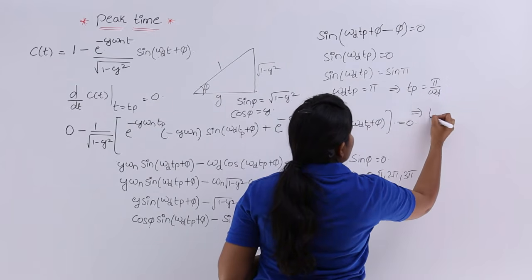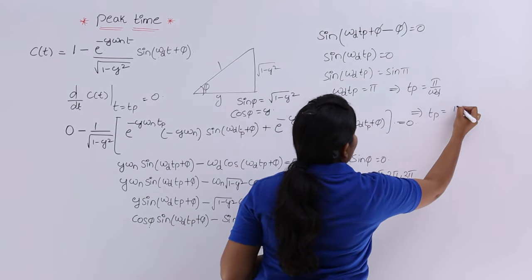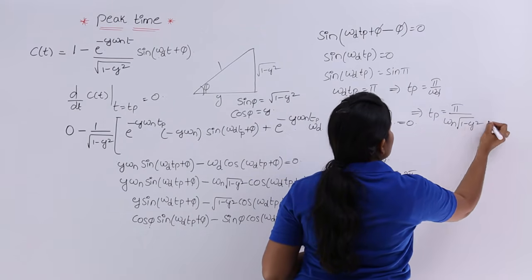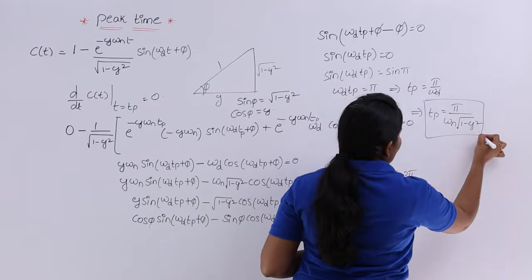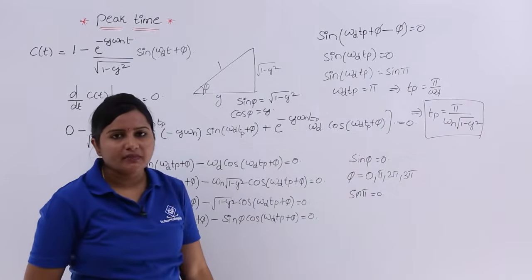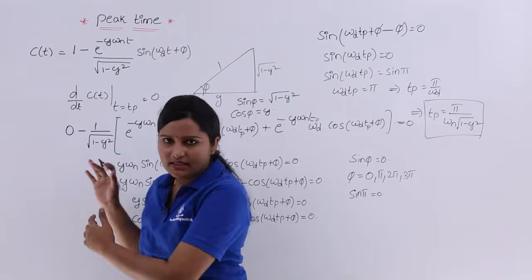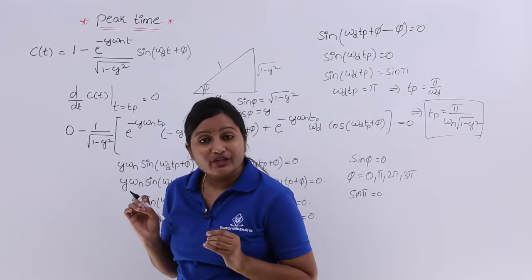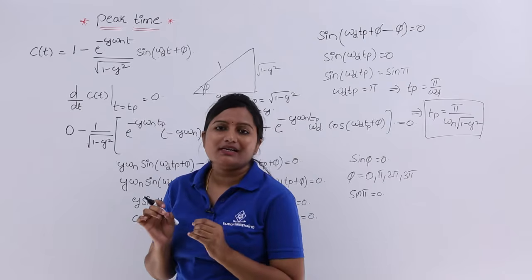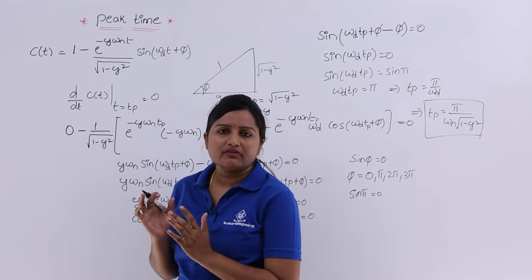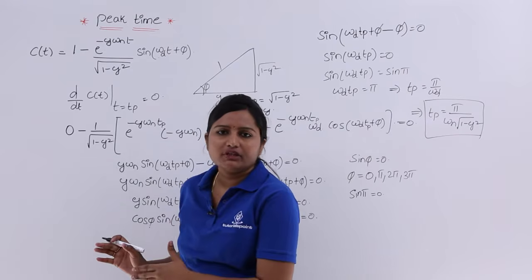By this, we can say the peak time Tp is equivalent to pi by omega n root of 1 minus zeta square. So this is the formula for peak time that you need to keep in mind. How we derived that peak time is by this way. First we need to differentiate the response of underdamped system at the condition t is equivalent to Tp and equate with 0.